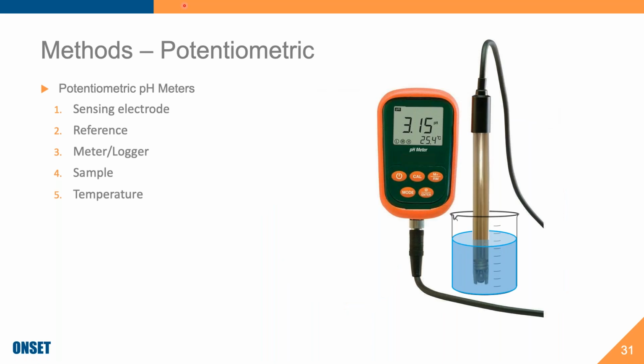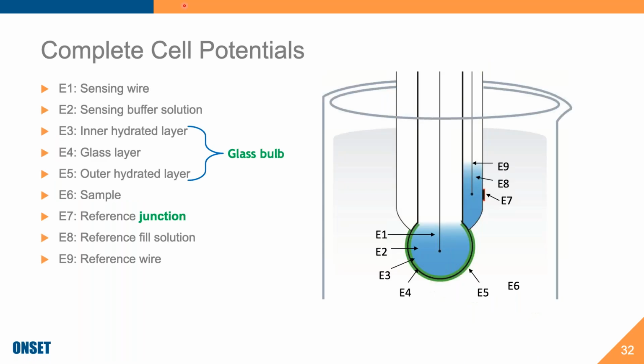So if you look at a pH meter, you have a sensing electrode, a reference electrode, though currently a lot of pH electrodes have a combination of the reference and the sensing electrodes. You have your meter and your sample, and then temperature. Temperature is a key ingredient in measuring pH. And again, this electrode, for instance, has the temperature sensor integrated inside of the electrode.